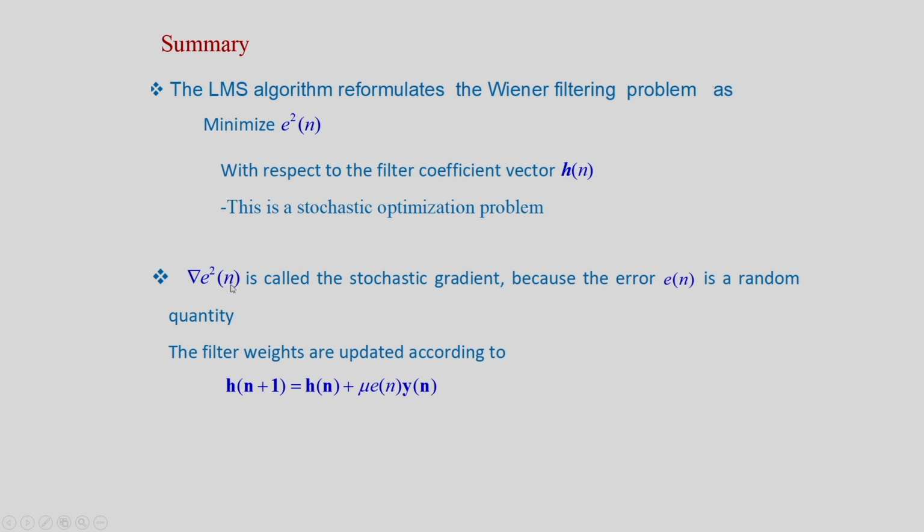The gradient of e squared of n is called the stochastic gradient because the error e of n is a random quantity. The filter weights are updated according to the relation h of n plus 1 is equal to h of n plus mu times e of n into y of n, where y of n is the data vector and e of n is the filtering error.